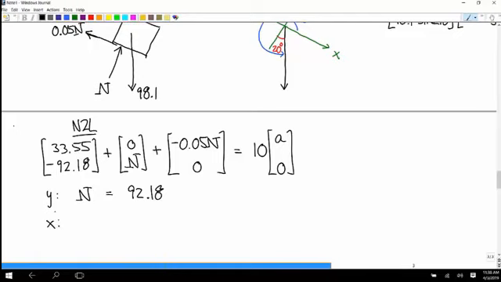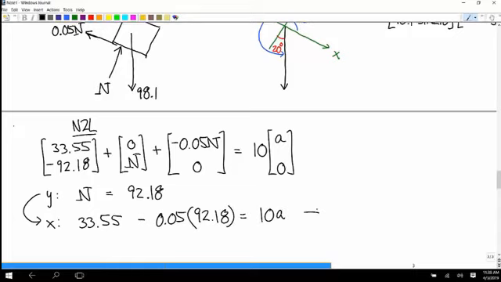And now we'll plug that into the x equation. And we get 33.55 minus 0.05 times 92.18 is equal to 10a. Can someone calculate a for me?